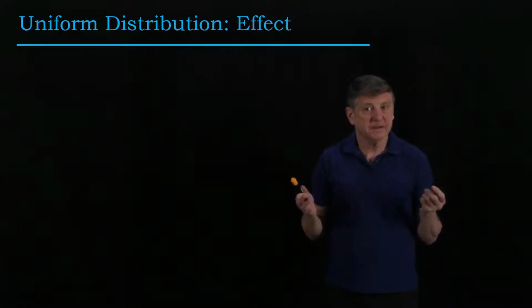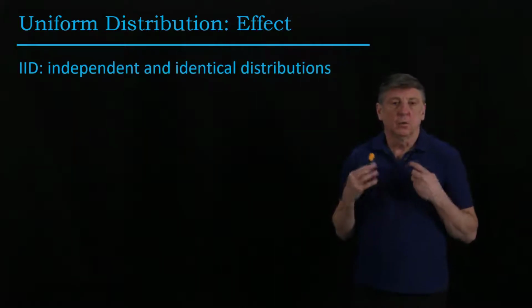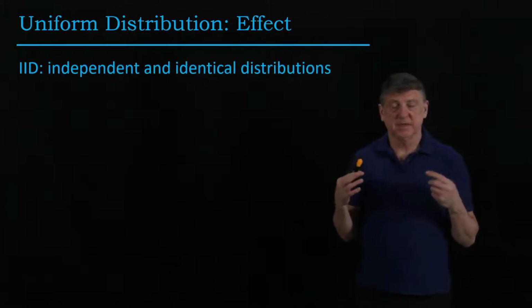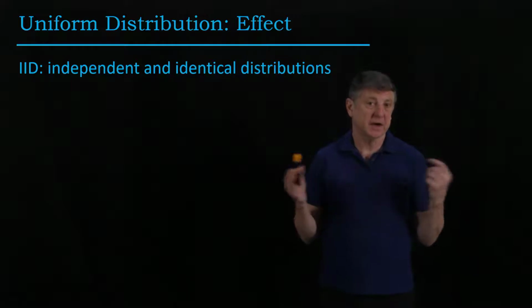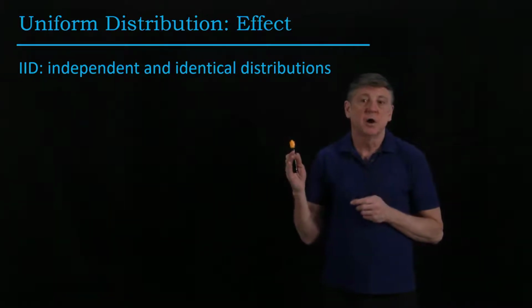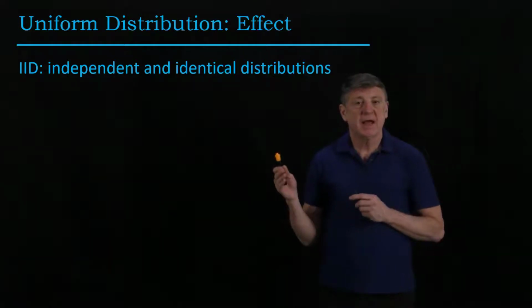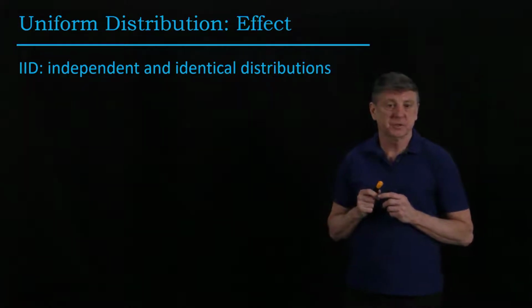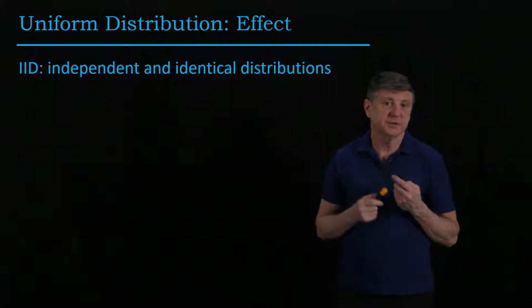Now, what's the effect of this? What we usually do in statistics is assume things are IID, and that means that each of those variates, in our case columns, are statistically independent and come from identical distributions. The question is, what is that distribution?